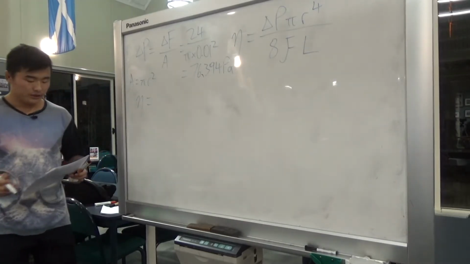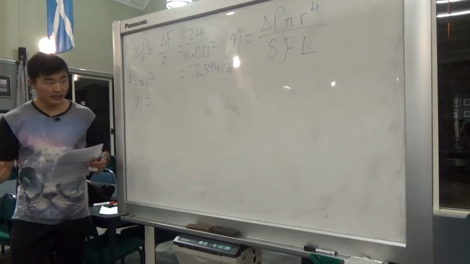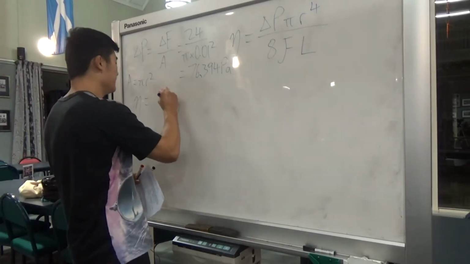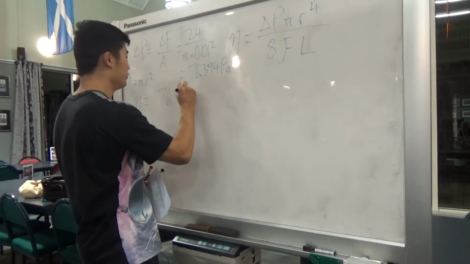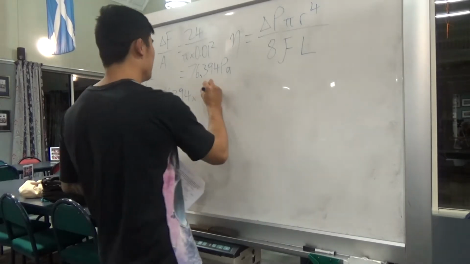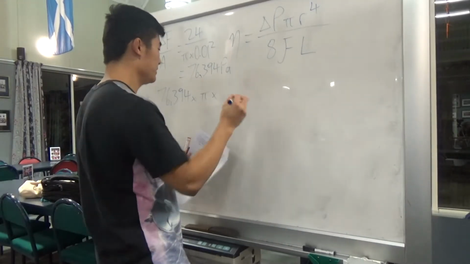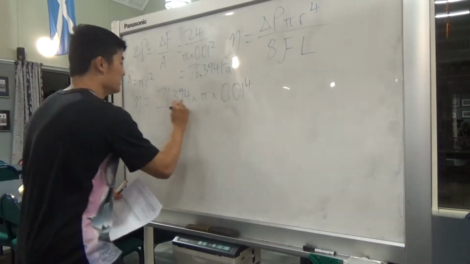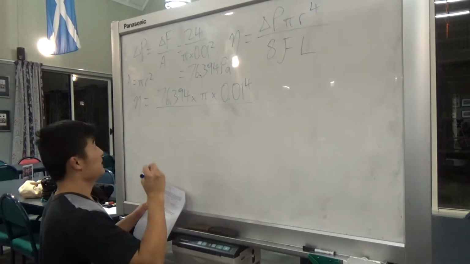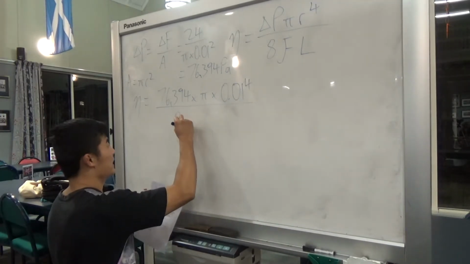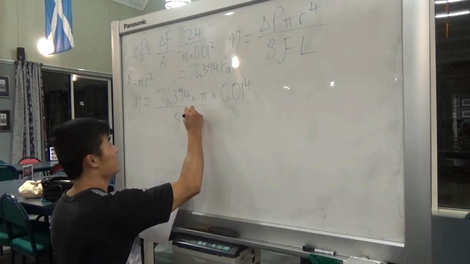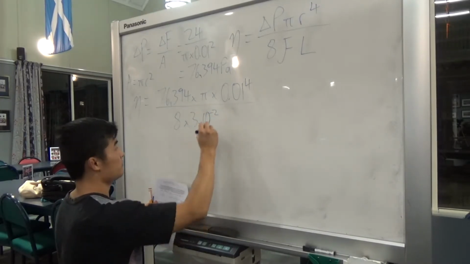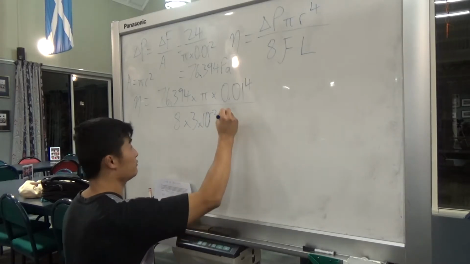Okay, so now we can plug that into our equation. Viscosity is equal to delta P, which is 76,394 times pi times the radius, which is 0.01 to the power of 4, and that's over 8 times the flow rate, which is 3 times 10 to the negative 2, times the length, which is 1 meter.